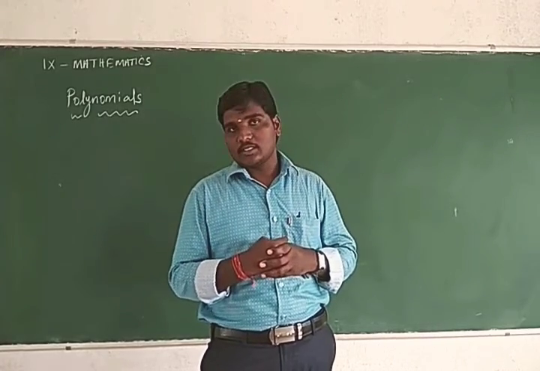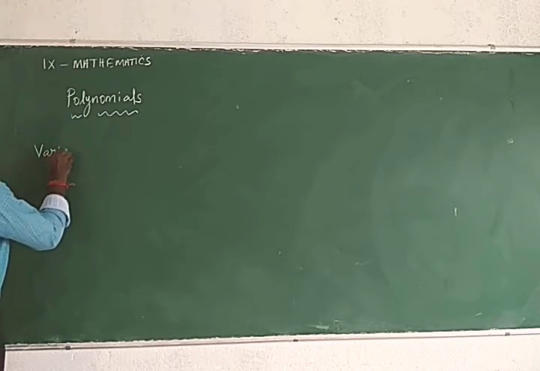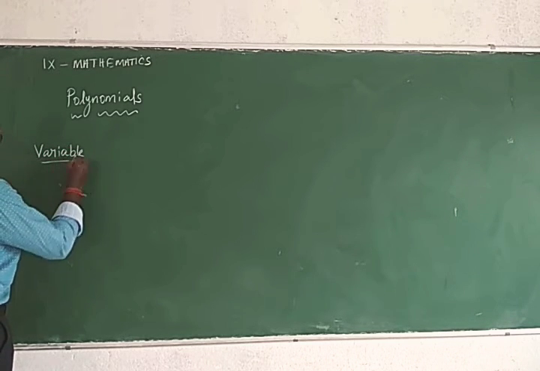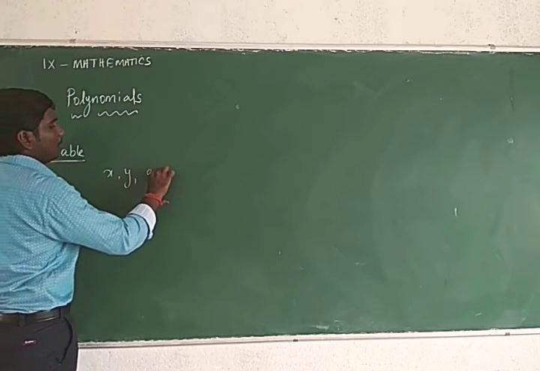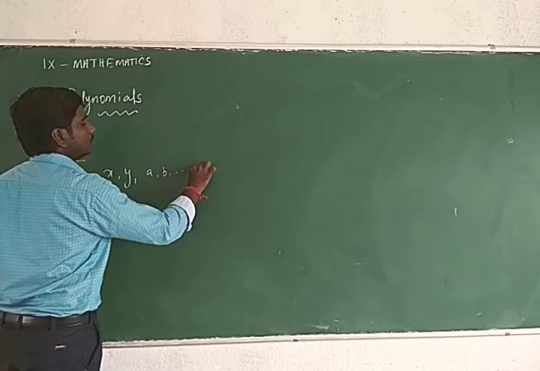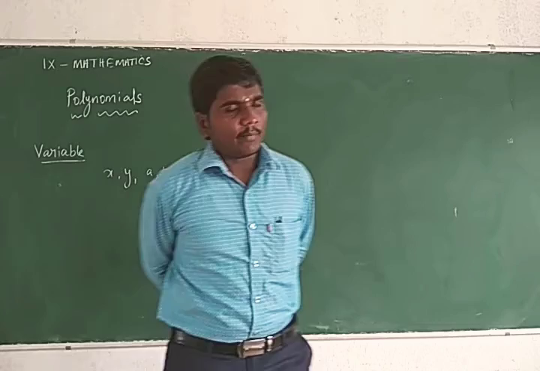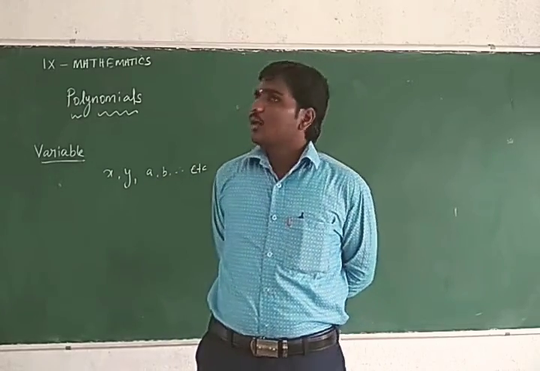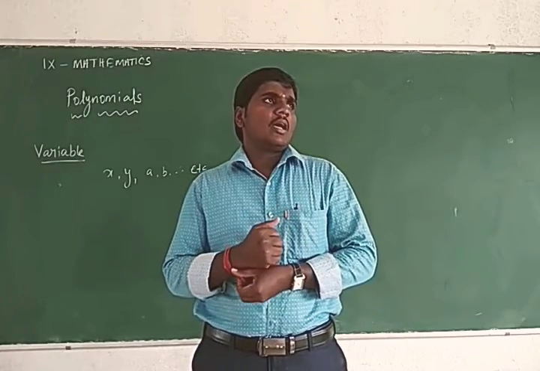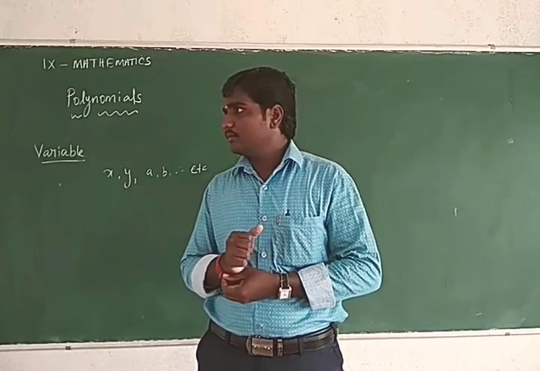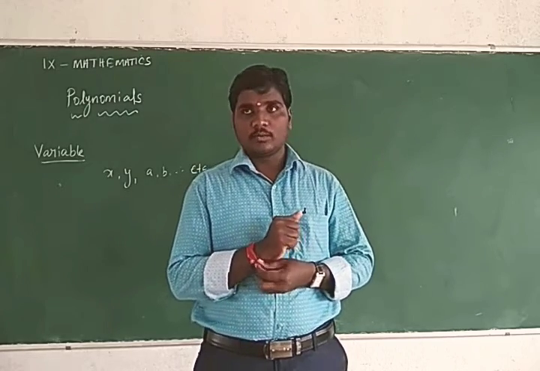Variable: alphabet letters. x, y, a, b, etc. We can use alphabet letters to denote a variable. A variable should be in small letters.